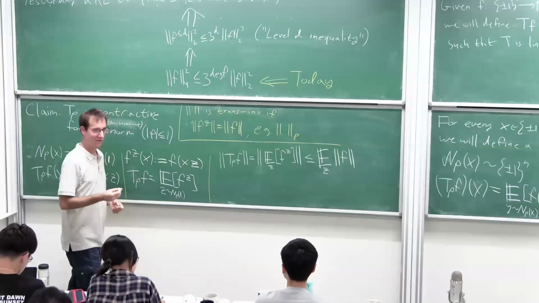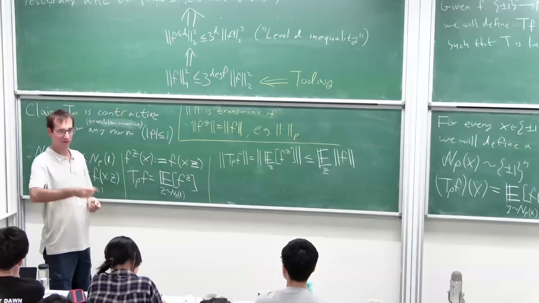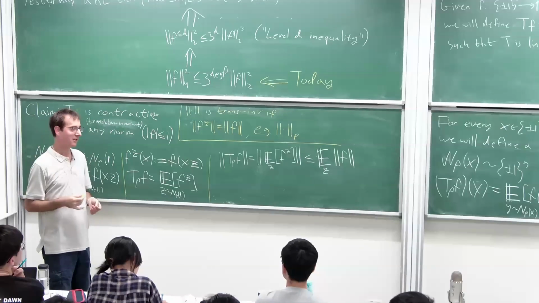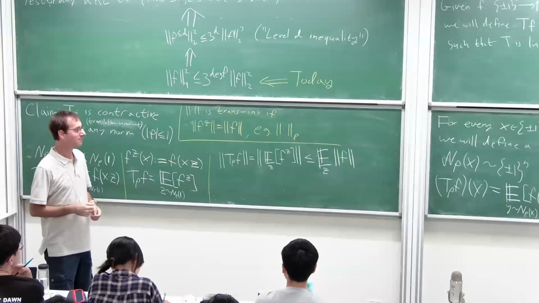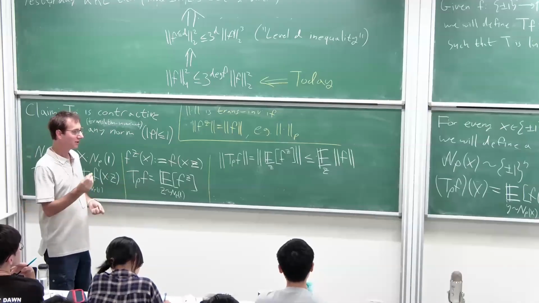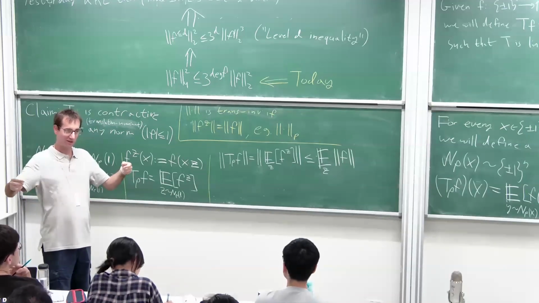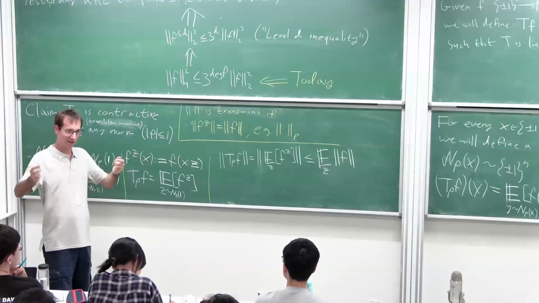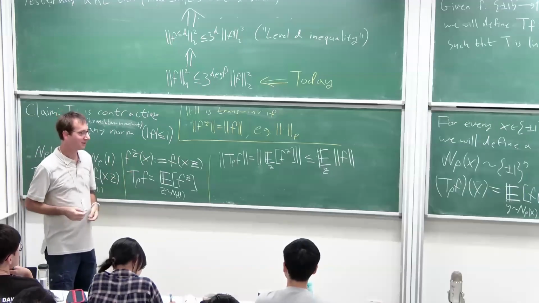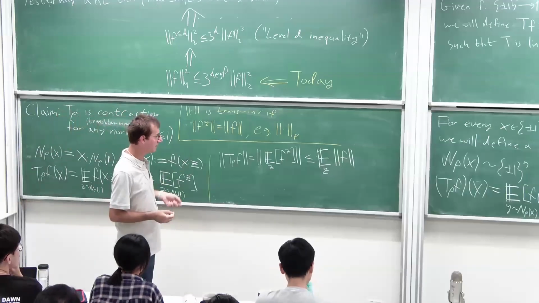The Lp norm to the power p is just the expected value of the function to the power p. And when we do this translation, it's just a rearrangement, because the uniform distribution is itself translation invariant, so it will be the same. It's just changing the order of summation. So the Lp norm is translation invariant.